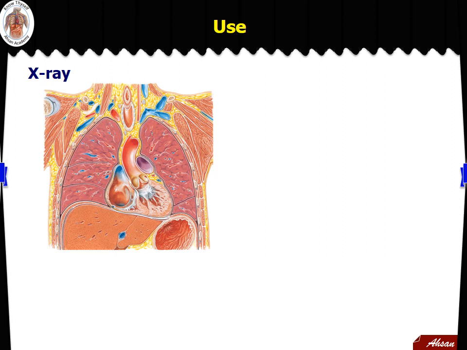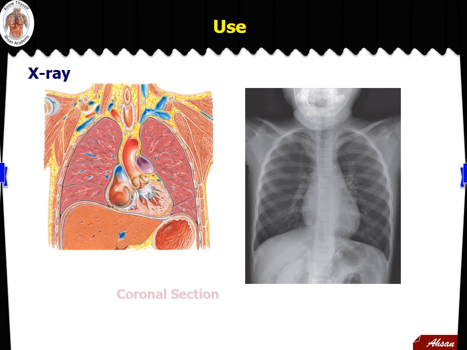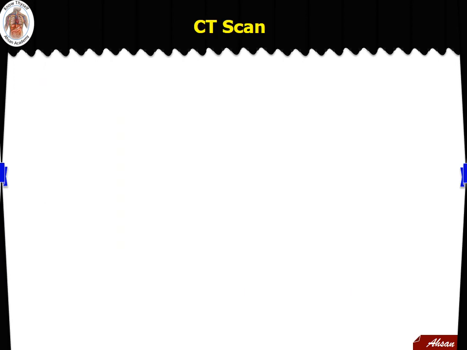This figure is the coronal section passing through the thorax. So anatomical knowledge of this section will help you to understand the X-ray, which is actually reflecting the coronal view of our body.